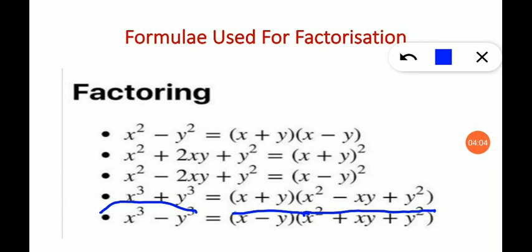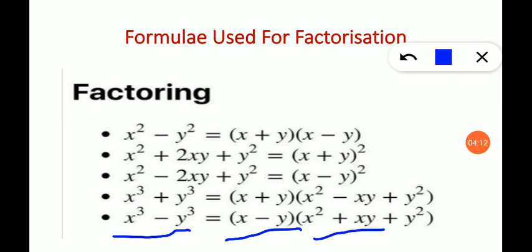So you must note it down, this formula. And the next formula, that is x cube minus y cube, which is equal to (x minus y) into (x square plus xy plus y square). The last two formulas are new to you, so you must note them down in your notebook.